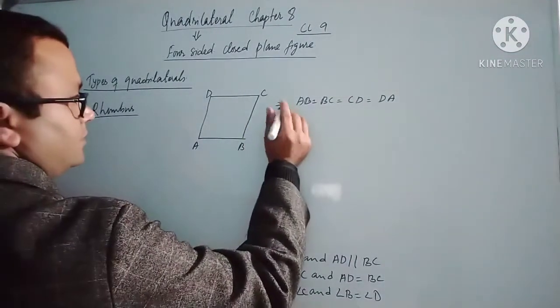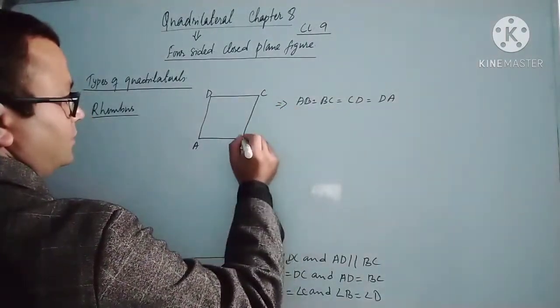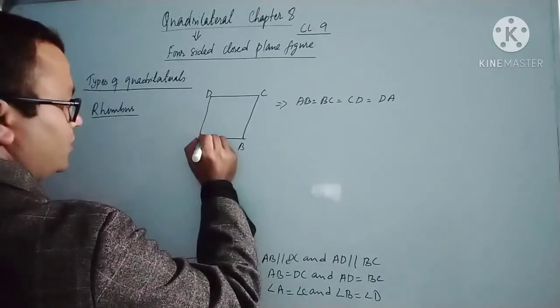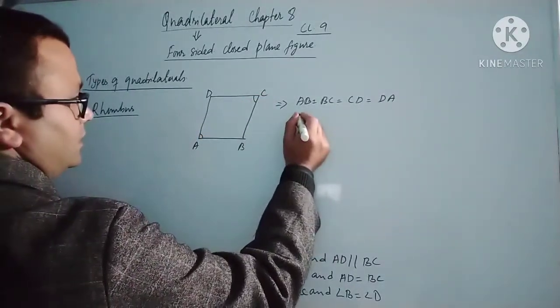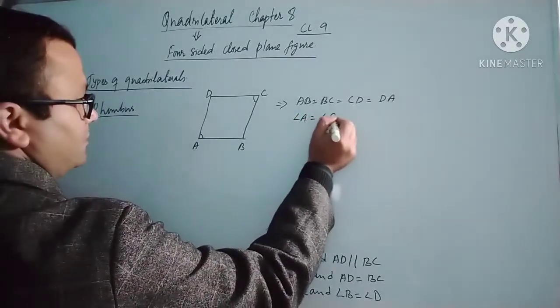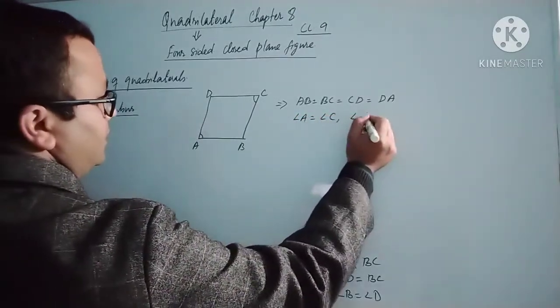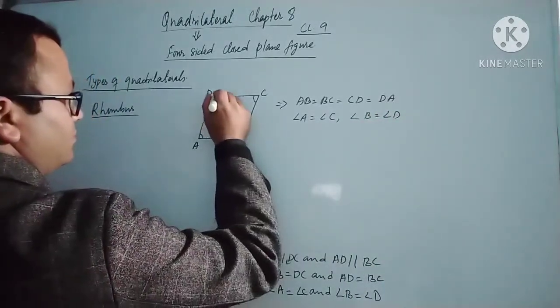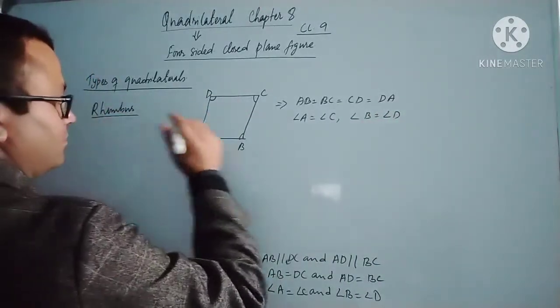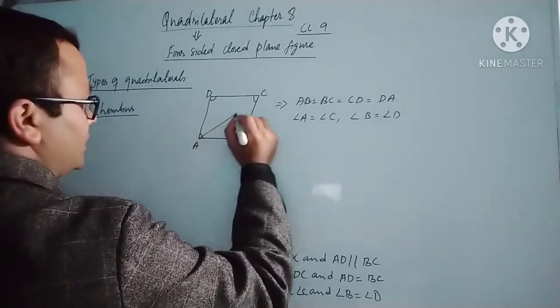And here also the same, opposite angles are equal: angle A equals angle C, angle B equals angle D. And the diagonals are not equal.